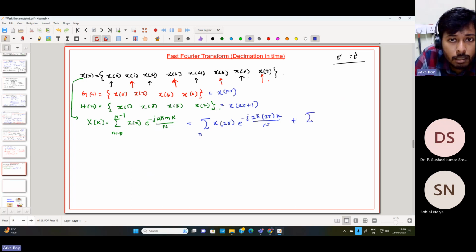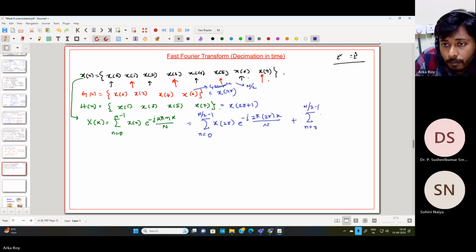Here, as there are a total of 8 samples, there are 4 samples in each part, that means N by 2 samples. So the summation will run from 0 to N by 2 minus 1, and over here also 0 to N by 2 minus 1. And then x of 2r plus 1 e to the power minus j 2 pi (2r plus 1) k over N. And here, because I'm doing an N by 2 point DFT, I will just write it later.